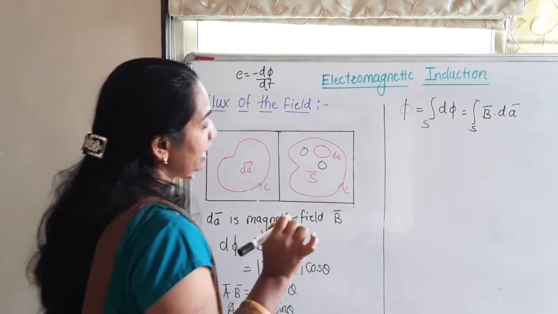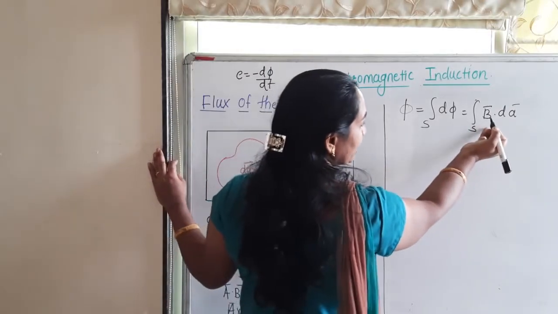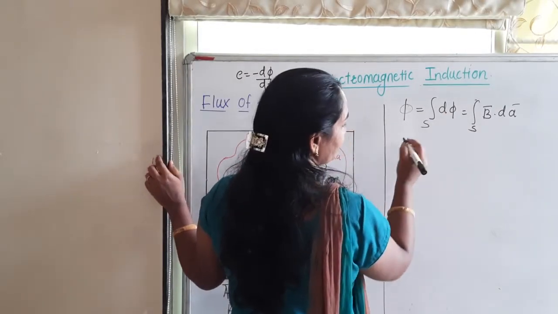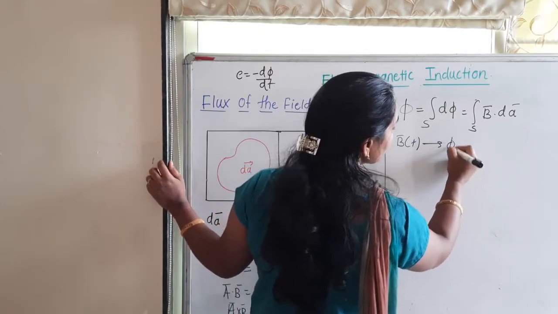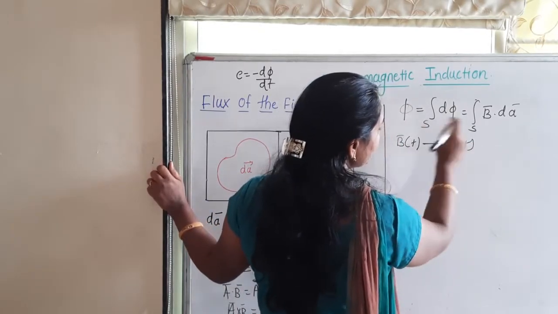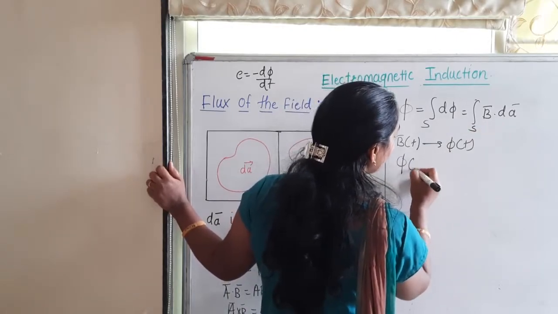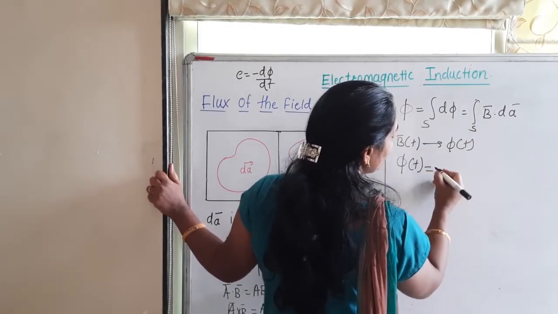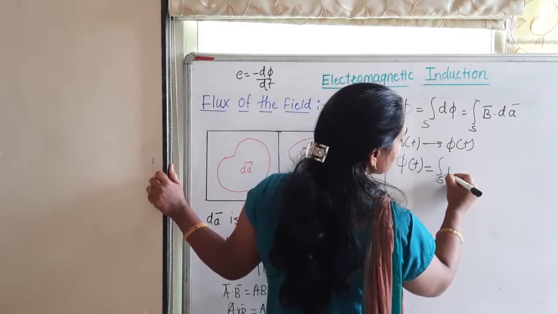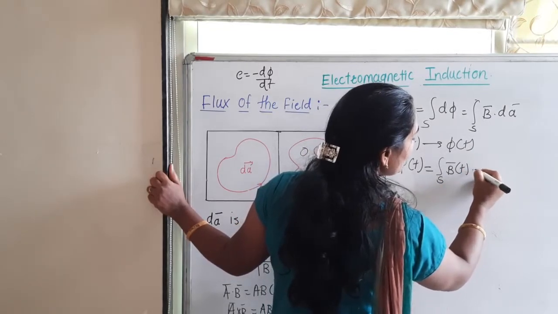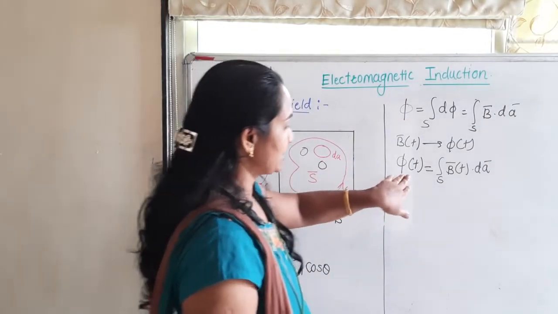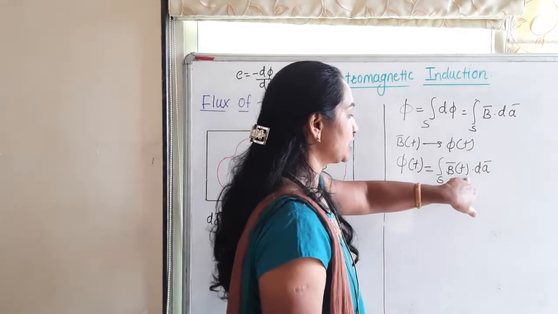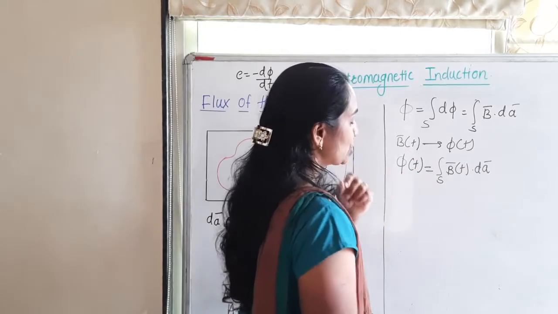The magnetic field changes with time, so the flux also changes. This equation can be written as phi of t equals the integration over S of B bar of t dot dA bar. If the magnetic field changes with time, then the flux also changes.